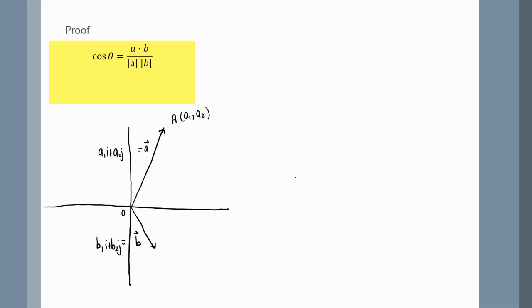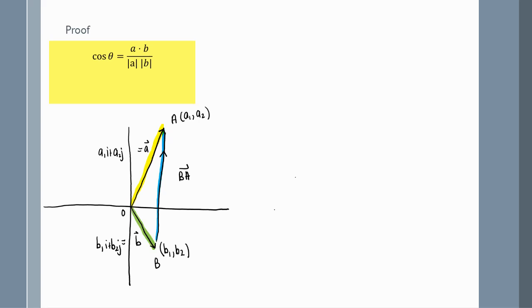It doesn't really matter where it is, but I'm going to put it down in the fourth quadrant and let this vector be B. That's going to be B1i plus B2j. Notice they both start at the origin and extend outwards. So that is the good starting point, and thus I'm looking for that angle between these two vectors at the origin. Now I'm just going to draw in another vector from B to A, so vector BA.